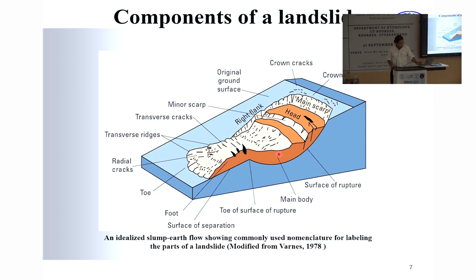We have the main body of the landslide over here, then we have a toe of the landslide, and you also see that we have some transverse cracks. As the landslide moves downwards, the volume increases, the space which it has to occupy increases, and thus fractures develop in these landslides. And then at the end we have the toe of the landslide.